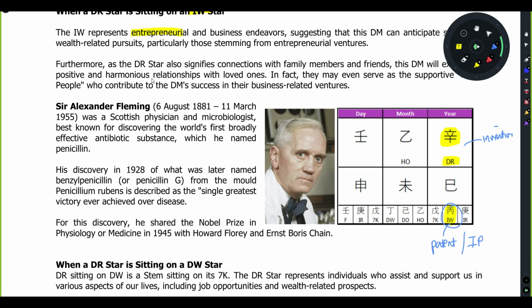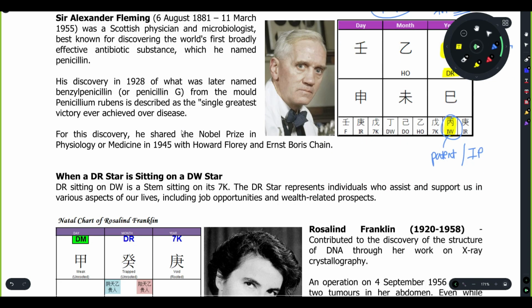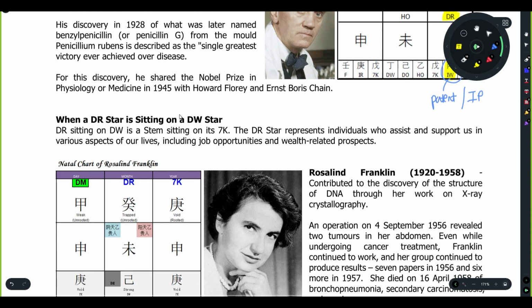Therefore, direct resource sitting on indirect wealth represents an inventor, represents those who are in R&D, those who are able to use their knowledge and intellect in generating new research, new concepts, new discoveries that they could monetize. That would be the pillar for such. This is the pillar that we can look for as we look for direct resource sitting on indirect wealth. All of these represent the career pathways that people can take.